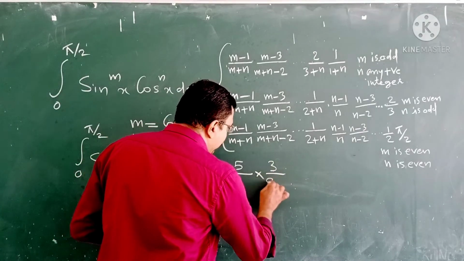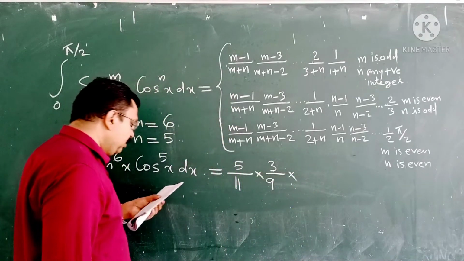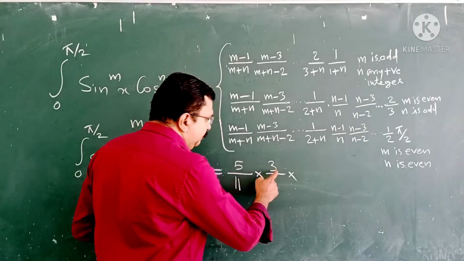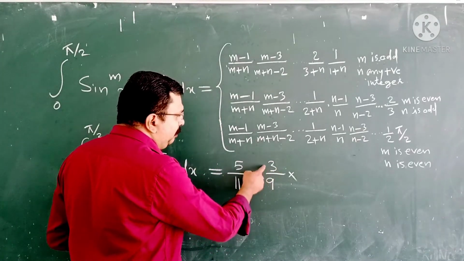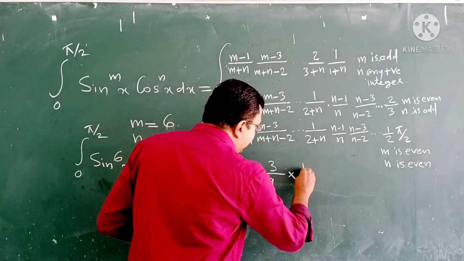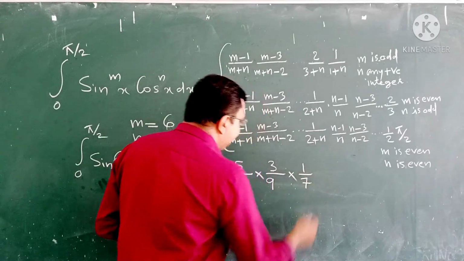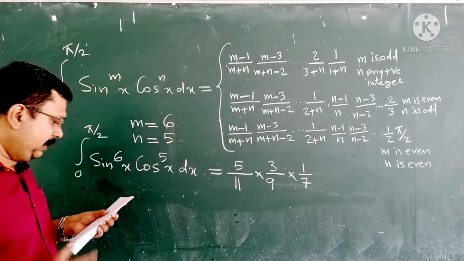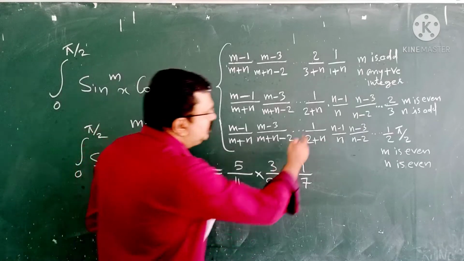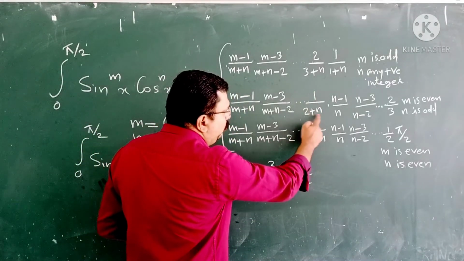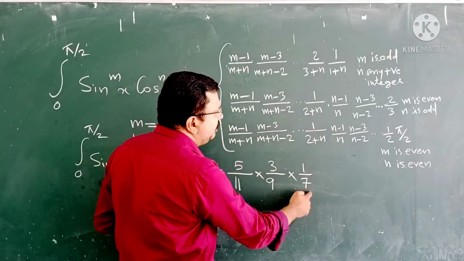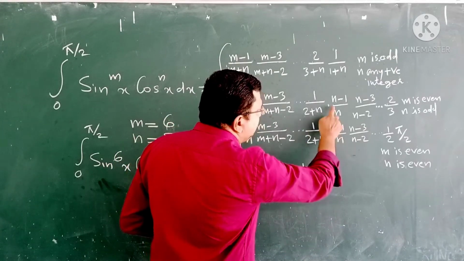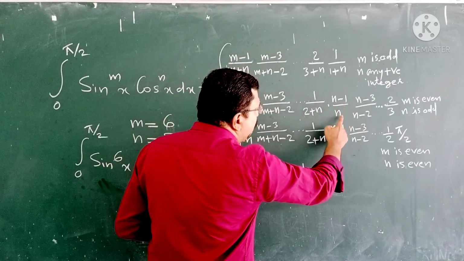3 by 9 into, we are again subtracting 2 from numerator and denominator, then we will get 1 by 7. 1 by 7 into, the first section is over. 1 by 2 plus n, that is 1 by 7, into, the second section is n minus 1 by n.